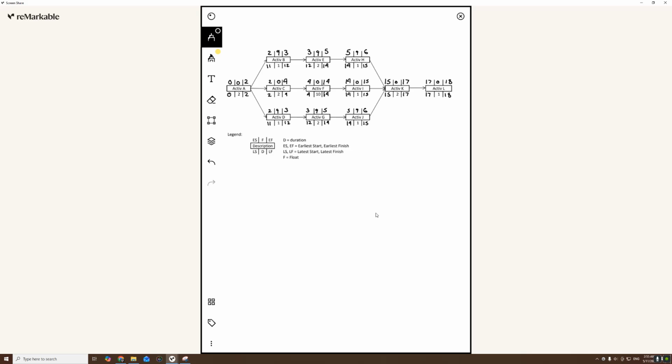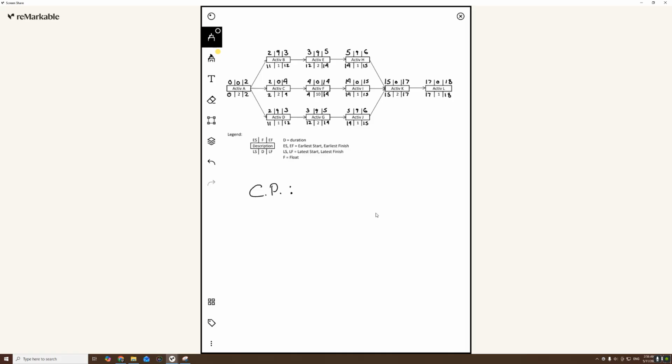Good. The last part of the question asks us to identify what is the critical path. What is a critical path? Well, it's a path that's going to run in our diagram, so from left to right, following the arrows.